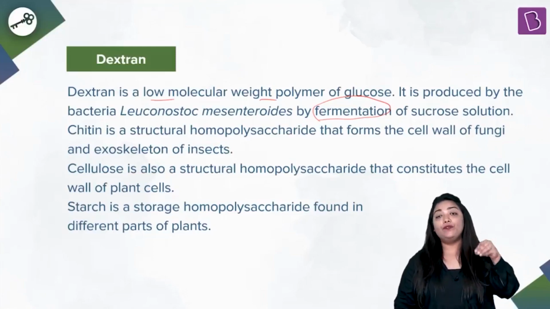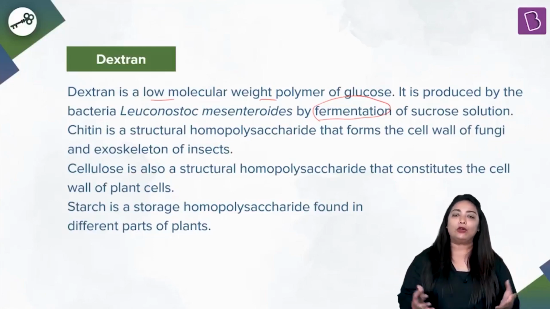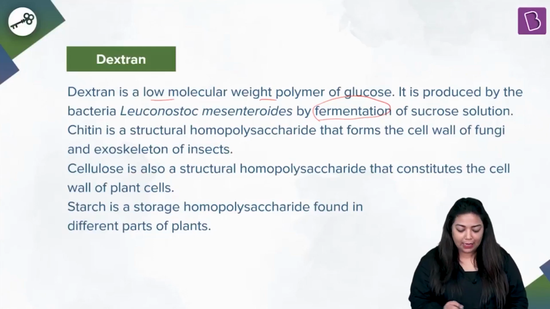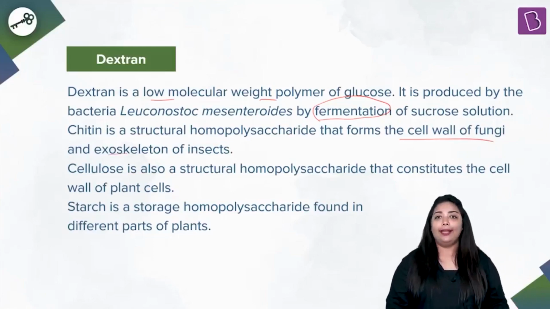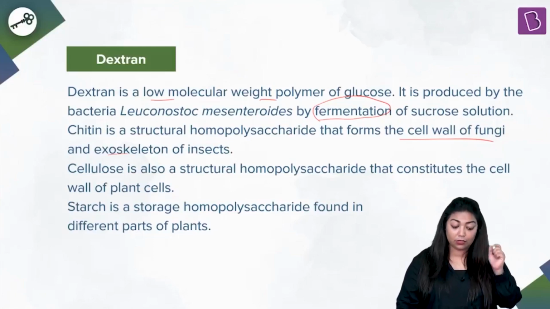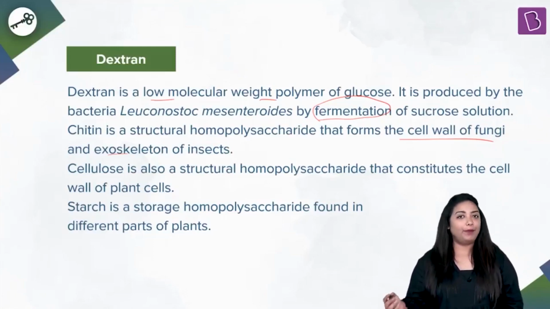Because it is a part of the structure of the cell. Okay? It's not accumulating or storing things. Next. So, chitin is a structural homopolysaccharide that forms the cell wall of fungi and the exoskeleton of insects or arthropods. Next. Cellulose is also a structural homopolysaccharide that constitutes the cell wall of plant cells.